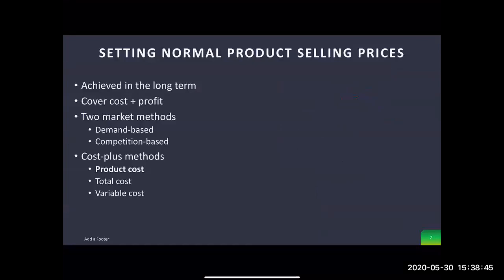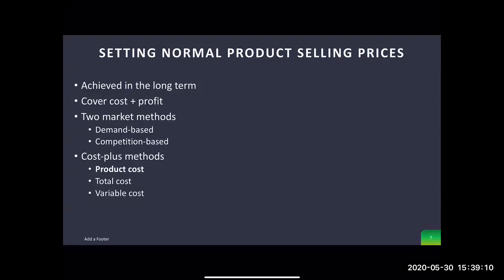What I want to end this chapter with is setting normal product selling prices. Let me start with this. Price is very important, and how companies and organizations come up with price is a long-term strategy.